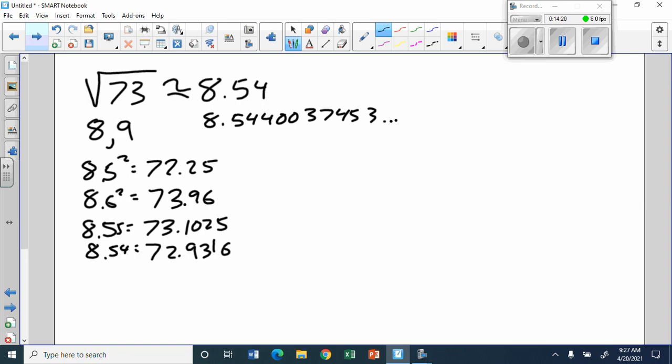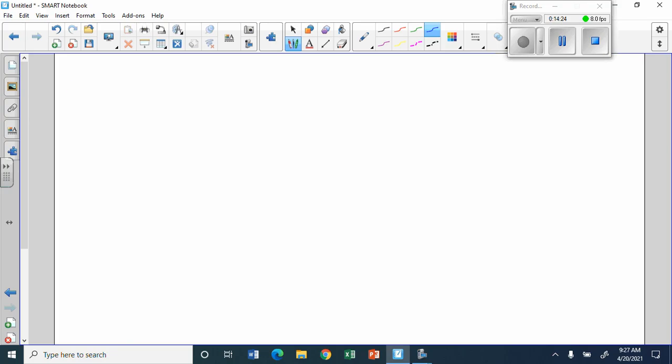All right, so this is what the problems in homework are going to look like. I'll actually write down A. You can use black. A is the square root of 7. B is the square root of 70. C is the square root of 700.